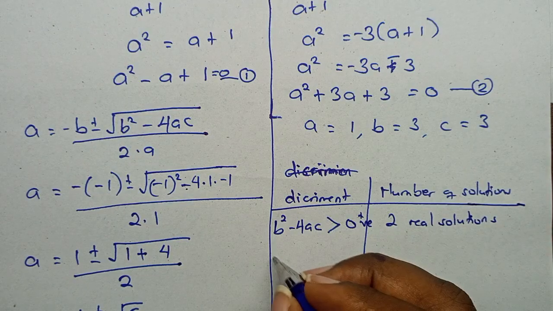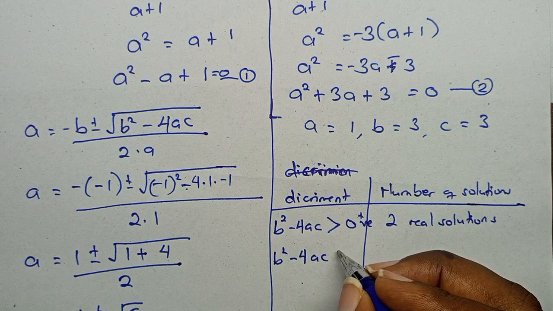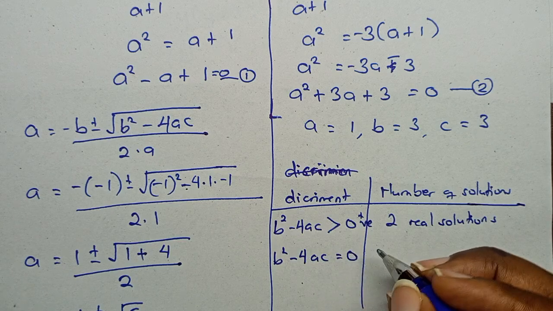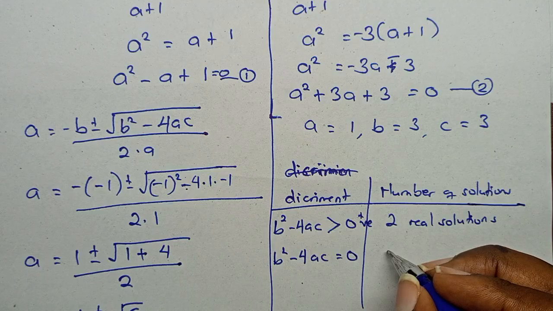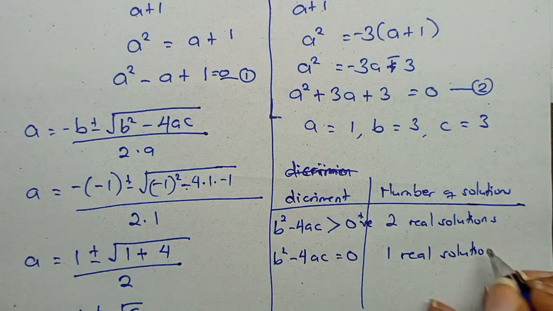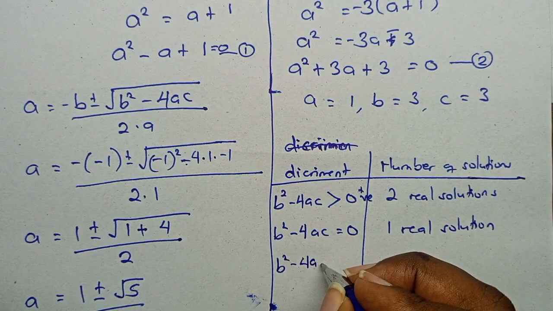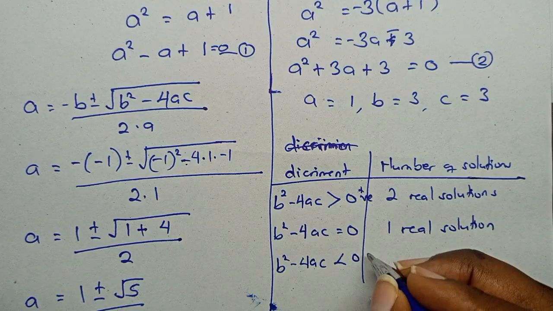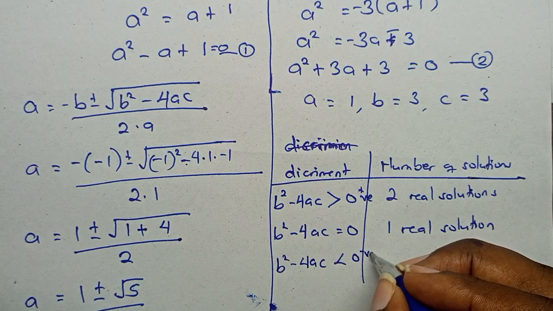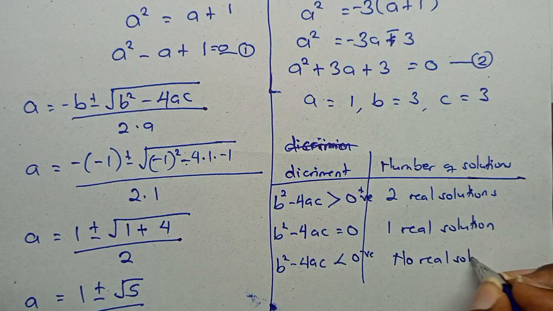Okay, when you have b squared minus 4ac being equal to 0, here you'll have one real solution. But if you have b squared minus 4ac being less than 0, that means it's a negative, then you have no real solutions, no real solution.